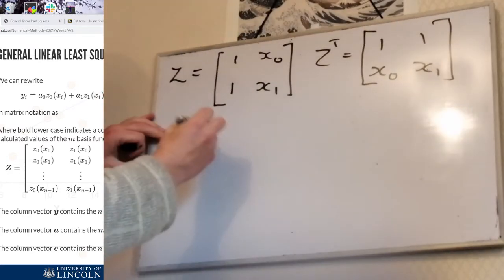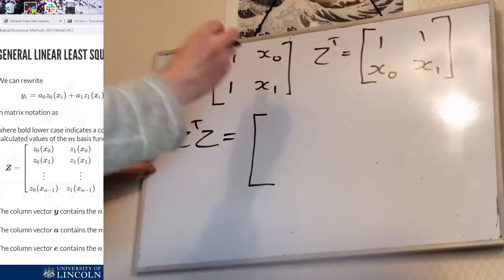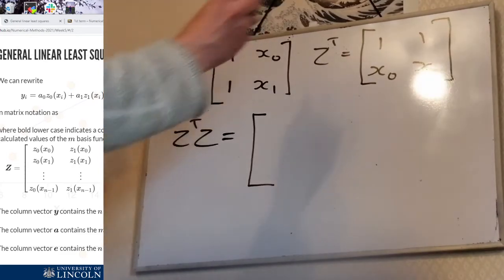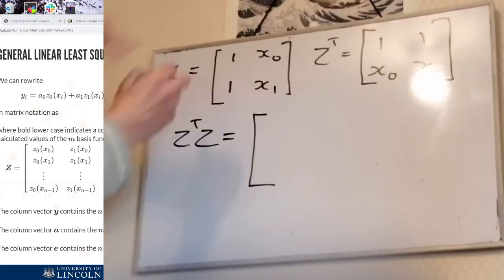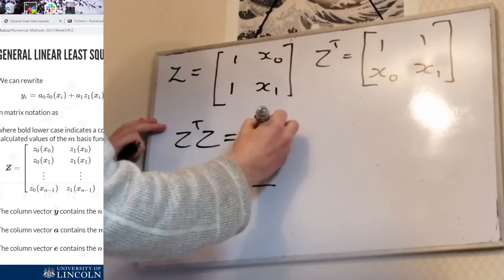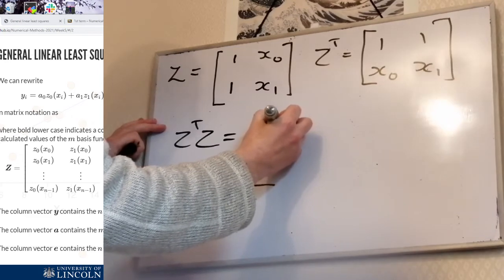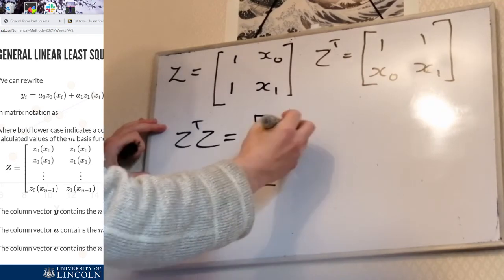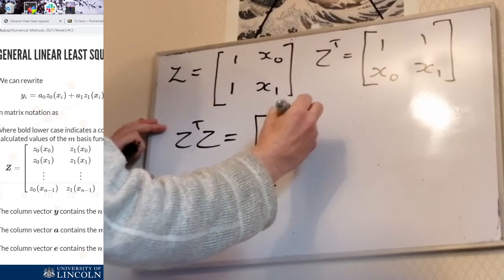When I do Z transpose Z, it's not a very good example in a sense because they're both square matrices. So for Z transpose Z, I get 1 times 1 plus 1 times 1, so in these entries I'm going to get the sum over all my values of 1, or indeed x_i to the 0, and x_i to the 0 times x_i.